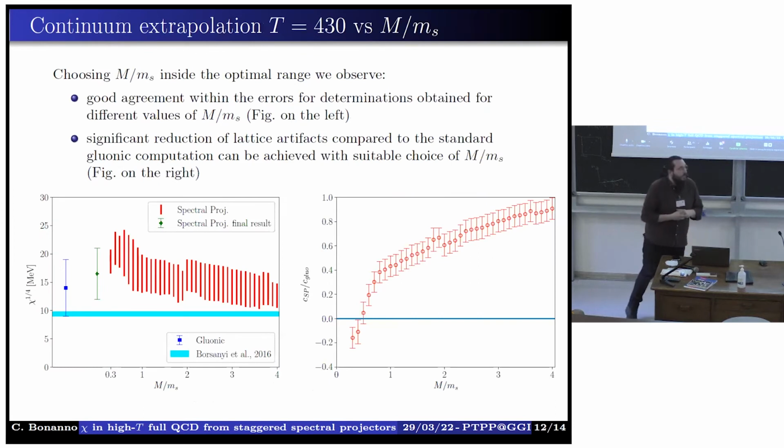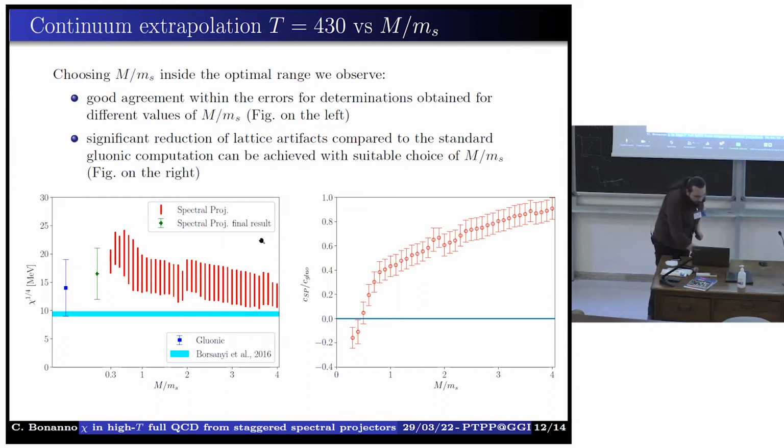Also in this case, we have performed a more systematic study of the value of chi as a function of m. And we see that essentially we observe agreement between different extrapolations at different values of m, and we are able to reduce lattice artifacts, at least for not so large values of m, up to m over ms about 2, where we have a factor of 2 or larger reduction in lattice artifacts.